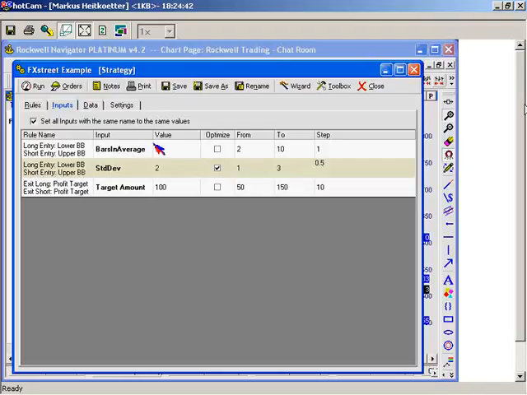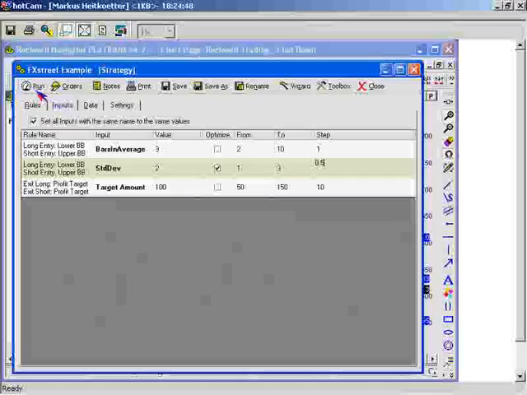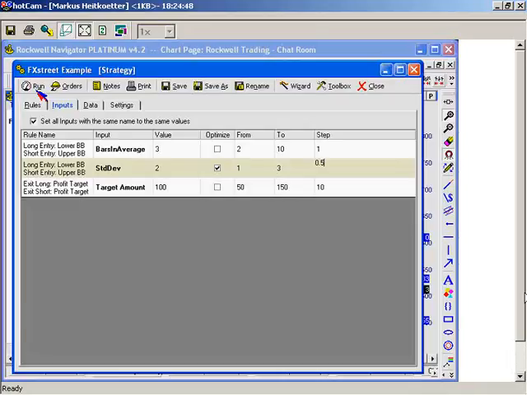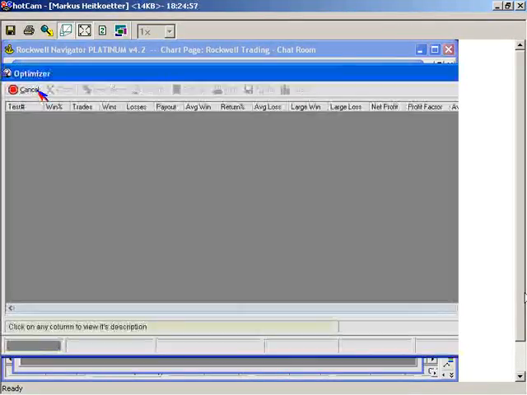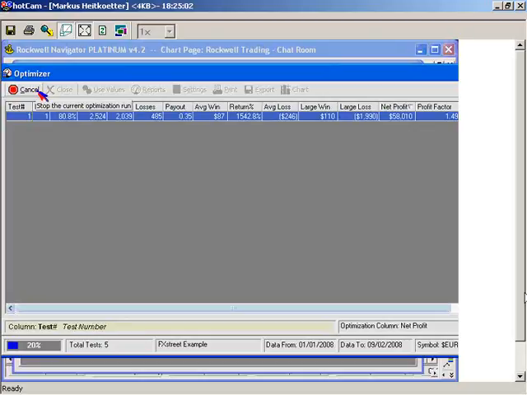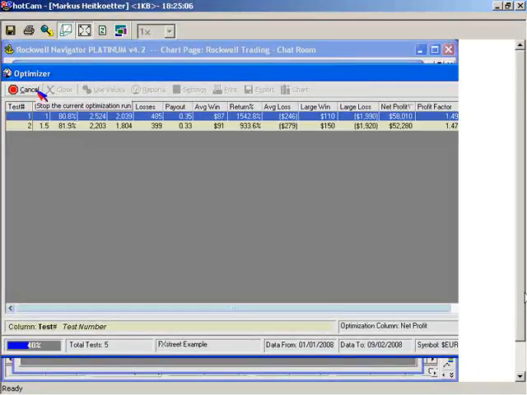Just to make it quick, for the number of bars used in the average, 3 for the Bollinger Bands, and instead of a standard deviation of 2, I want to see what happens if we take 1, 1.5, 2, 2.5, or 3. Is what John Bollinger says true, that if you lower the bars used in the moving average, you should actually increase the standard deviation? So let's see.